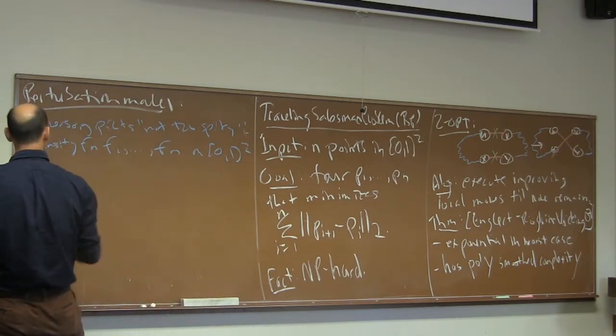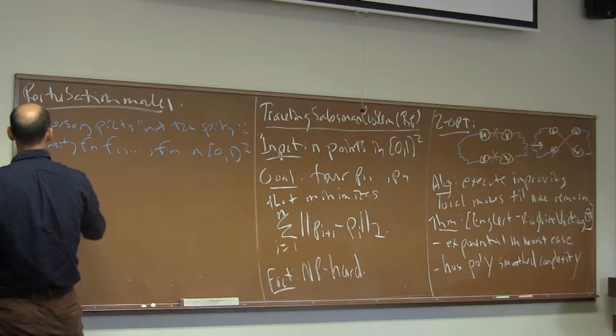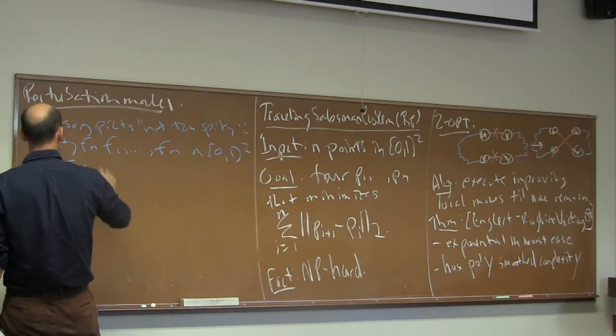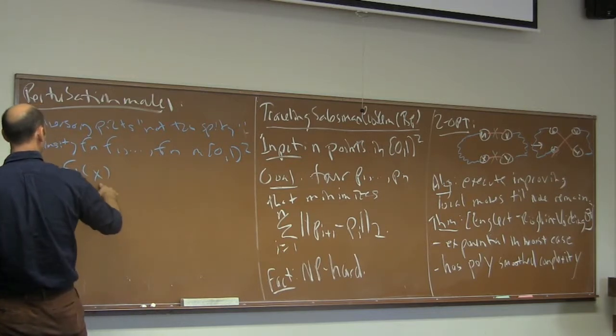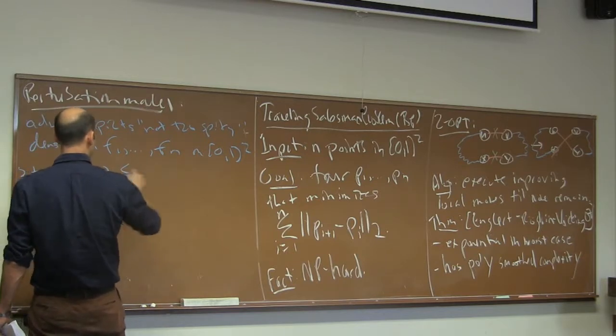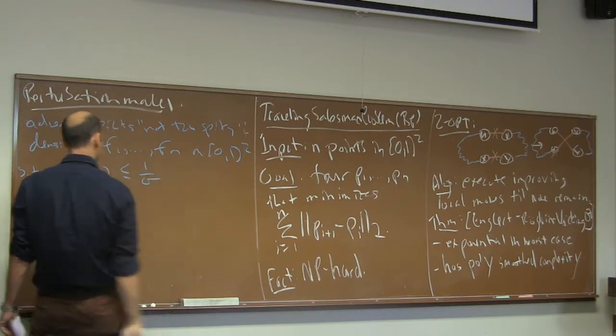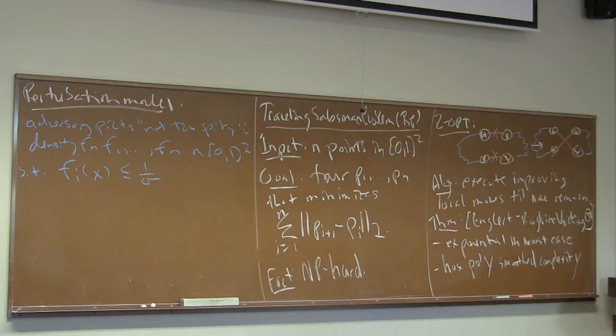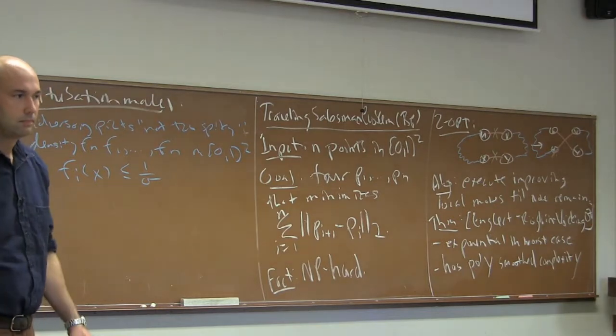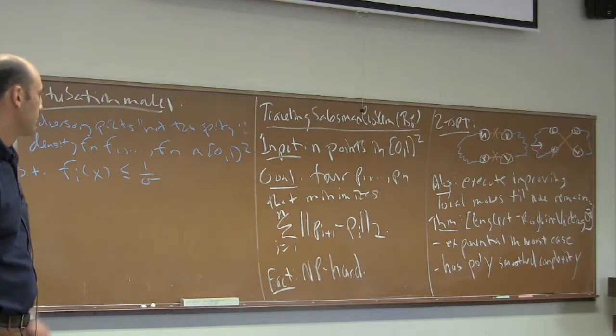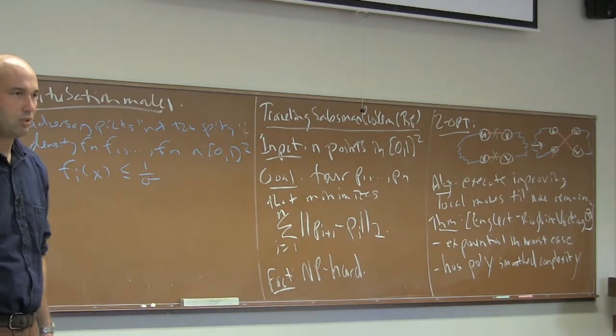And what do I mean by not too spiky? What I mean is that the density of any of these densities at any point in the square is bounded above by 1 over sigma. So it's an upper bound on the density. What's sigma? Sigma is a parameter measuring the size of the perturbation.